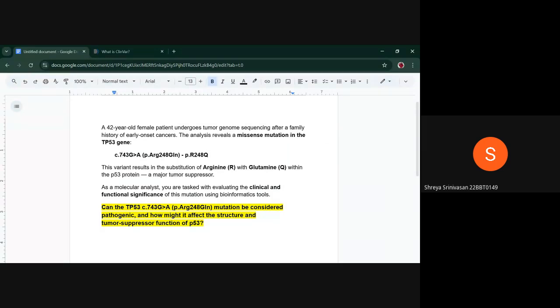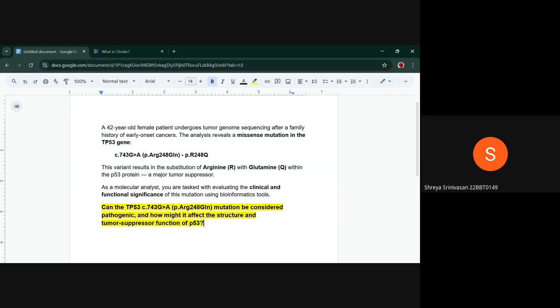So what our case study today is saying is that from the tumor genome sequencing, they have found that the P53 protein has undergone a mutation at the 248th amino acid from arginine to glutamine. Today, our task is to see if this mutation can be considered pathogenic, or if it can actually cause cancer, if it can alter the activity of p53.